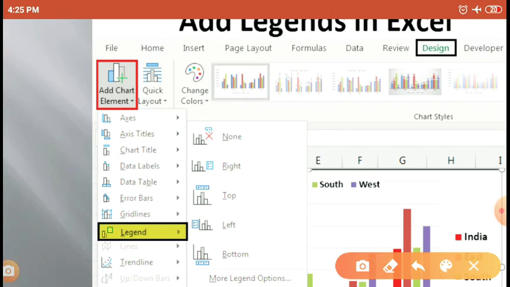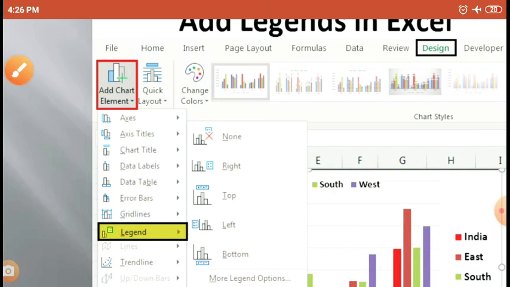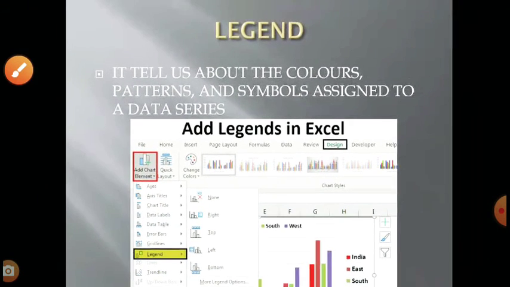Now can you see these different colors, class? Green, purple, red, maroon. Green is for your south, purple is for your west, red is for your India. So this is called your legend. It tells us about colors, patterns and symbols assigned to data series.